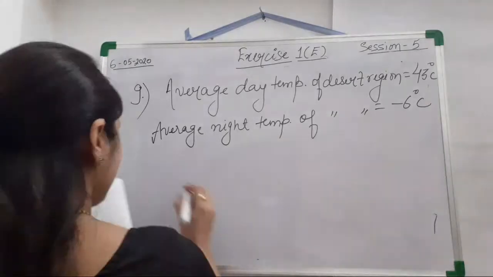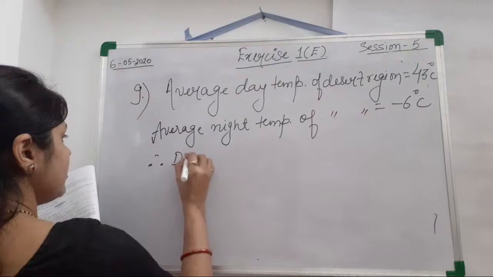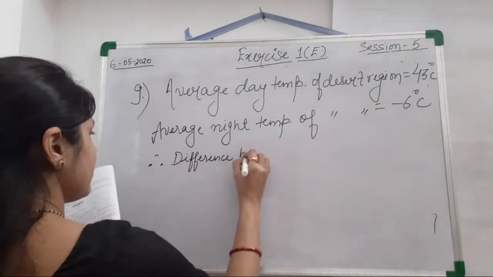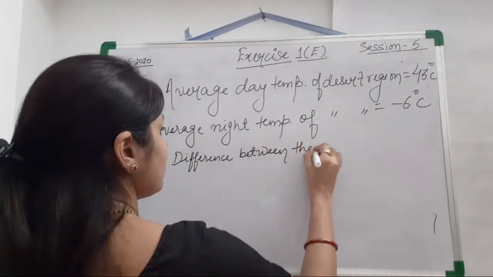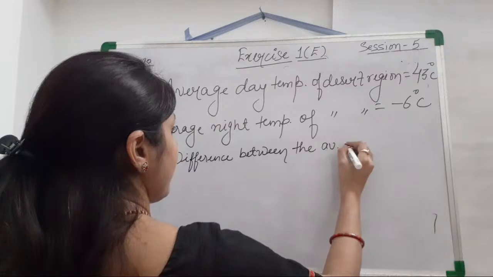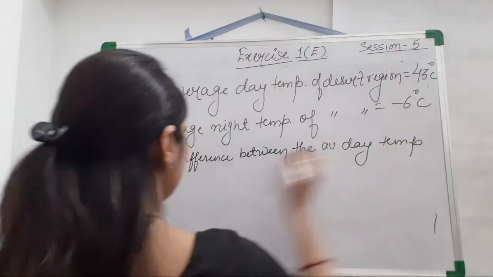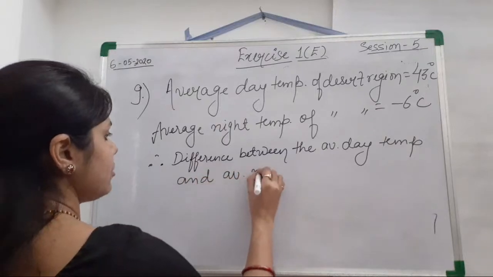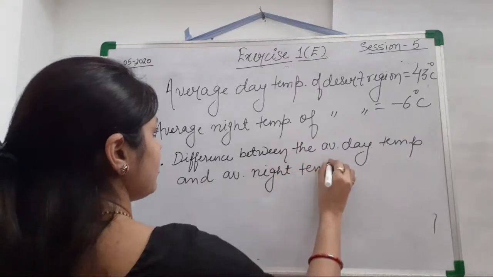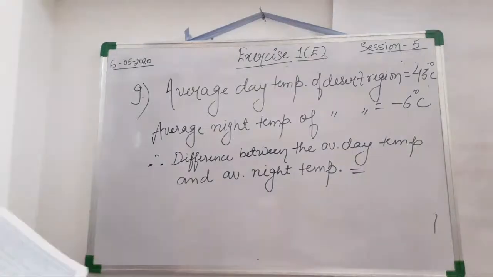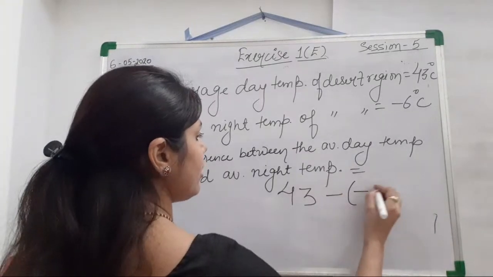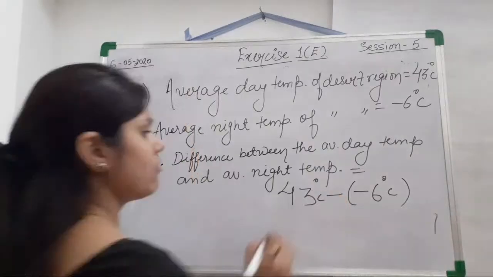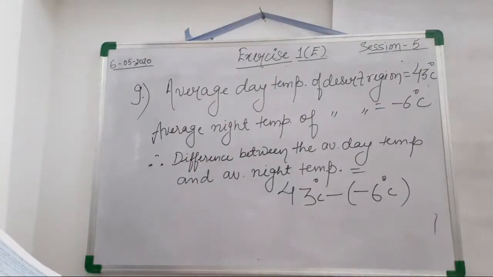Therefore, difference between average day temperature and average night temperature is equal to, we will subtract: 43 degrees Celsius minus minus 6 degrees Celsius.